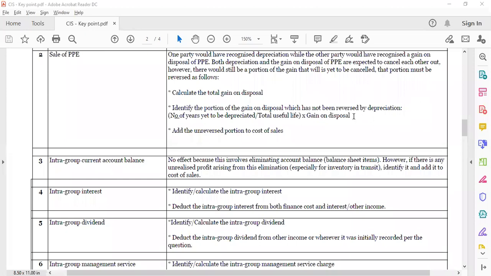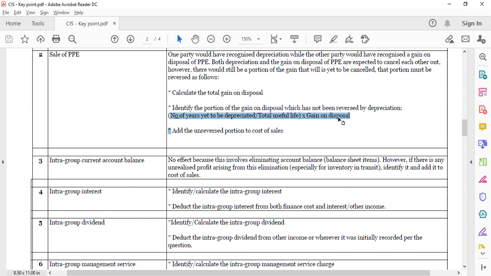So look at the formula here. What is the number of years that is yet to be depreciated divided by the total useful life, times the gain on disposal? We'll also look at this in a question. The focus is usually which portion of the gain on disposal has depreciation not reversed, because we are expected to reverse all the gain.